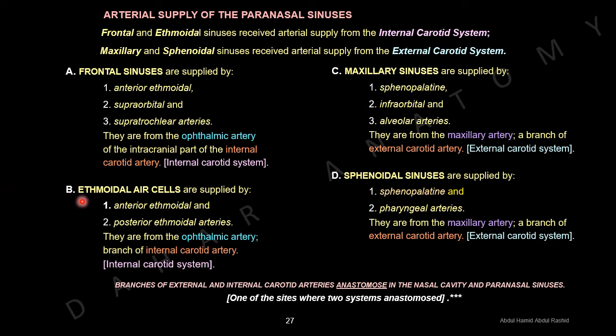B. Ethmoidal cells are supplied by the anterior ethmoidal artery and posterior ethmoidal artery, from the ophthalmic artery, a branch of the internal carotid artery.